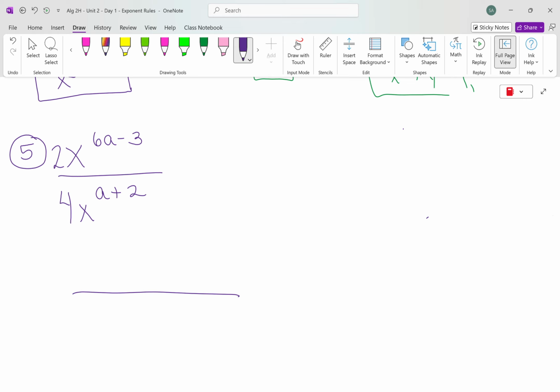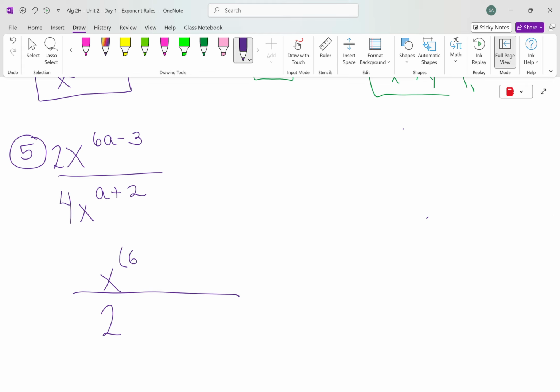I see coefficients. What coefficients do I see? 2 and 4. What does that simplify down to? A half. Do I need that 1 in the numerator? No, so I could put a 2 in the denominator. Then I have x to the 6a minus 3 divided by x to the a plus 2.